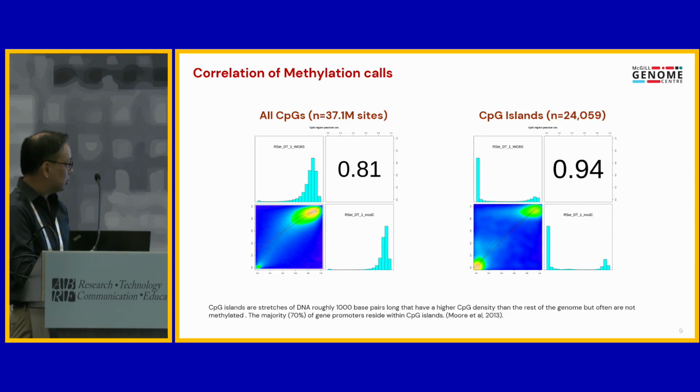I'll just point to the right side, which is the CpG islands. And the CpG islands, I think, are more interesting than individual CpGs, since the majority of gene promoters reside within the CpG islands. So the correlation is actually really good. It's a Pearson correlation of 0.94 between the methylation calls of the 2 methods.